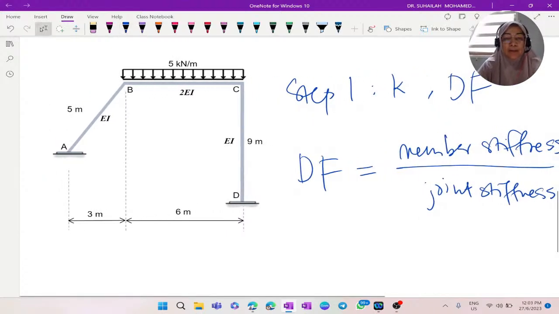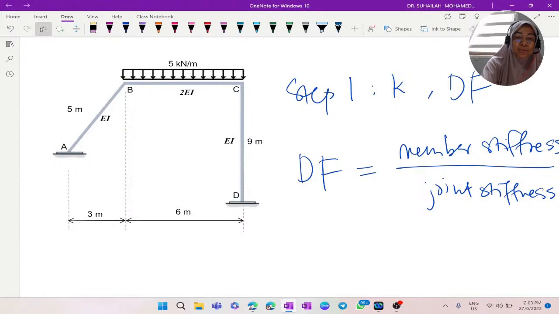Okay, now we look at the frame. Always remember, whenever we calculate stiffness, we only calculate the stiffness value when the member or the beam is between two joints or between supports. This is a rigid joint.